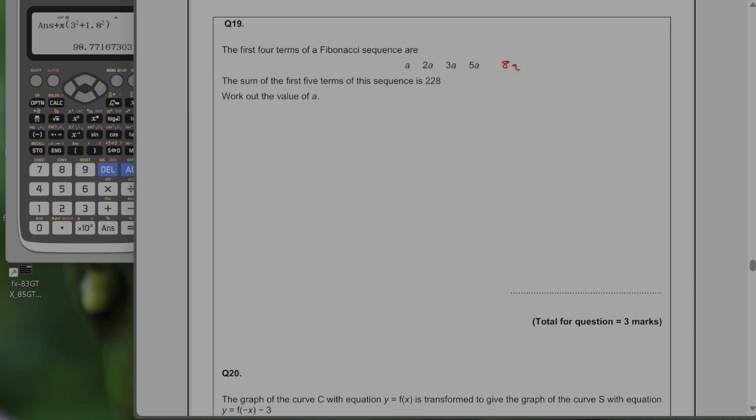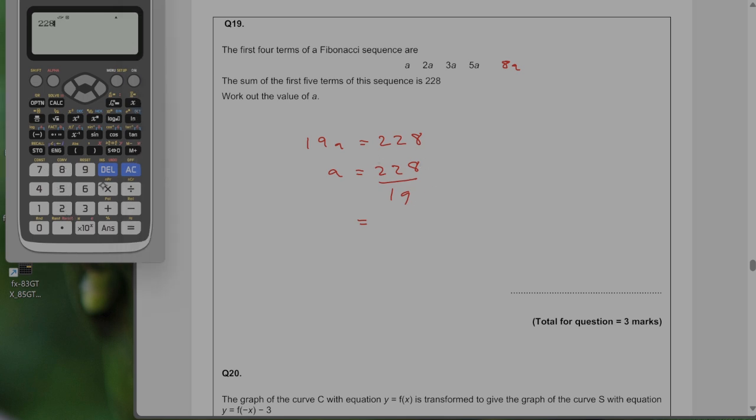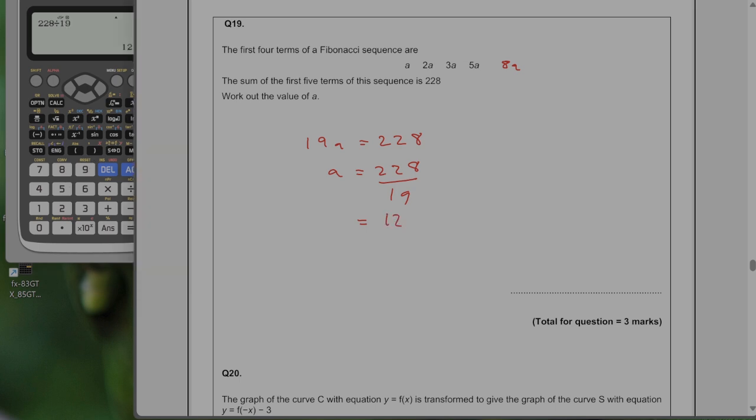If we add these together, we're going to have 3, 6, 11, 19a. So 19a is going to be equal to 228. So a is going to be equal to 228 divided by 19, which gives 12. So a is 12.